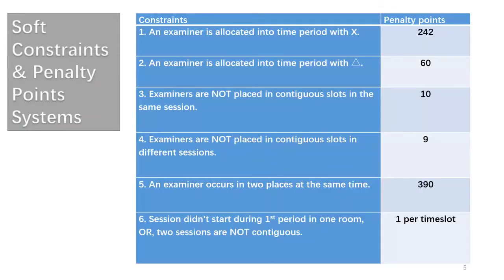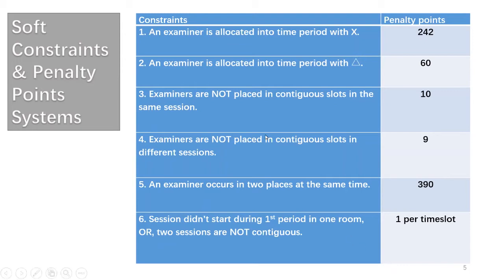Besides the hard constraints I mentioned before, this problem also contains several soft constraints, which are listed here. The first and second mean we want to allocate the examiners to their available places.